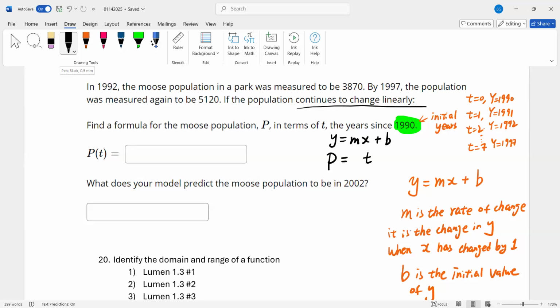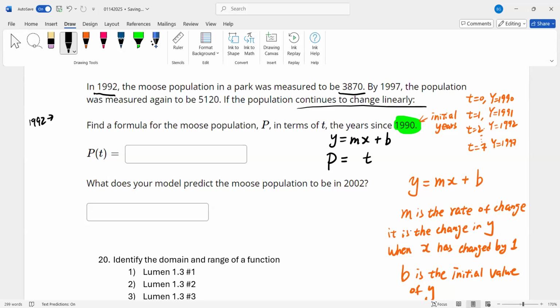In 1992, the moose population is 3,870, right? Let's just try to use common sense to solve the problem.